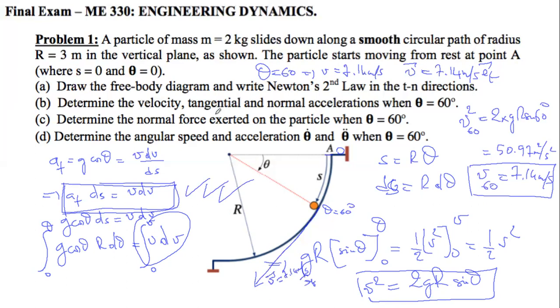Now, we already calculated the tangential acceleration. It's g cosine theta, so 4.905 meters per second squared. And the normal acceleration, we said that it's v60 squared divided by r. We calculated v60 squared, so 50.97 divided by 3. You do the calculation, it gives you 17 meters per second squared.